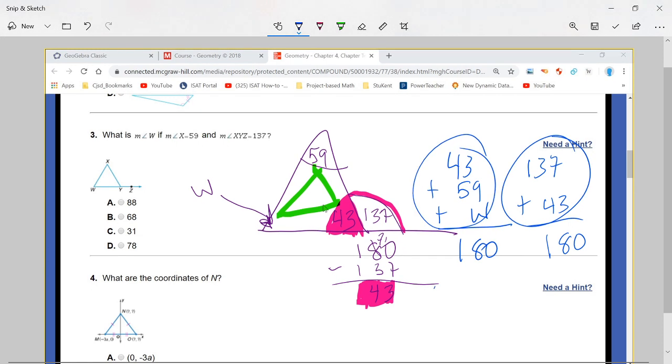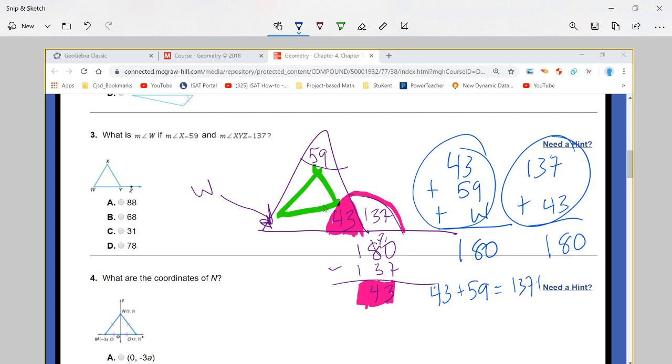I'd write 43 plus 59 has to be equal to 137 plus 43. Oops, plus W. I forgot. Oh, that's a big deal. Don't miss that. 43 plus 59 plus W has to be equal to 137 plus 43.